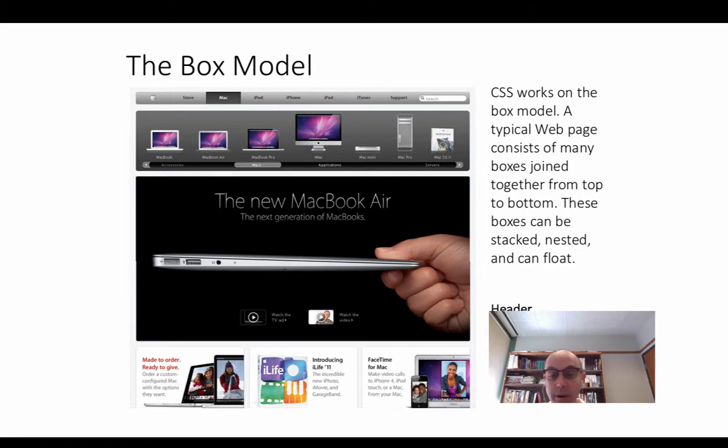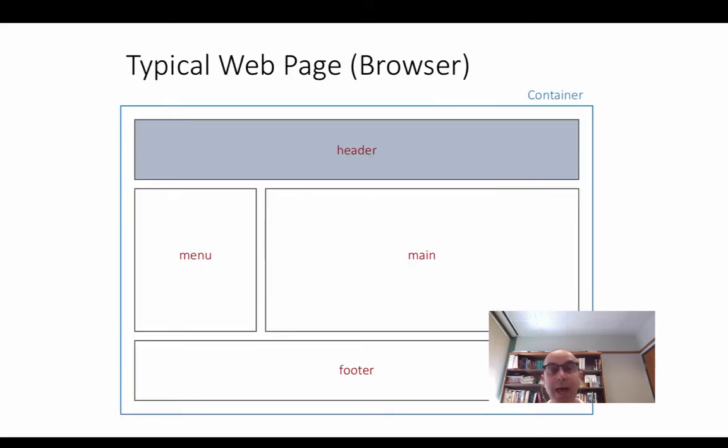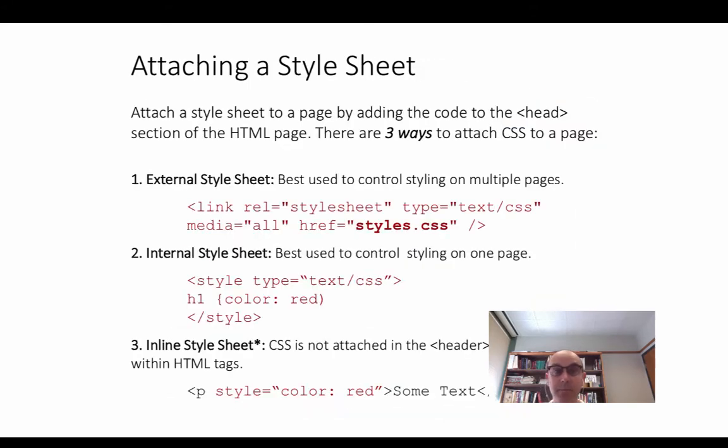The container, the header, the menu, the main, and the footer can be one style sheet or multiple style sheets that give them consistency. The style sheet is a separate file from the HTML. So right now you worked on one single HTML page.